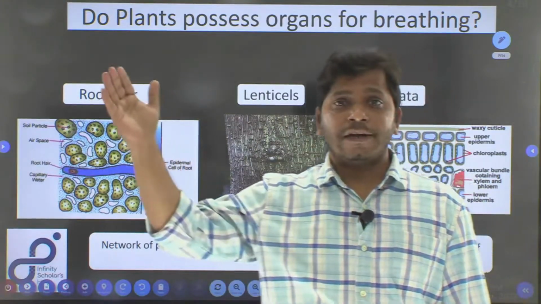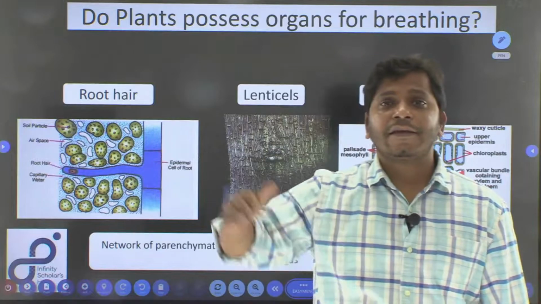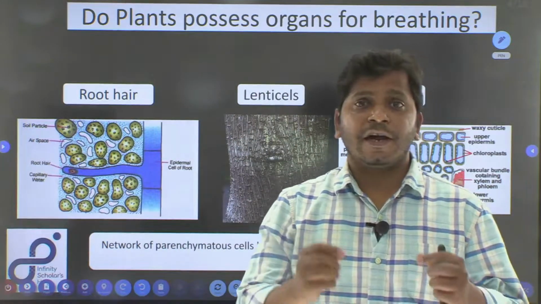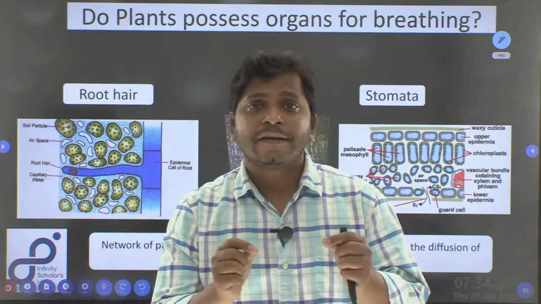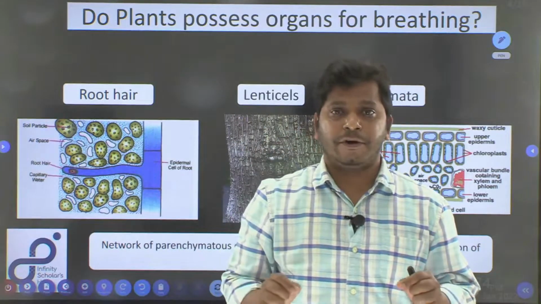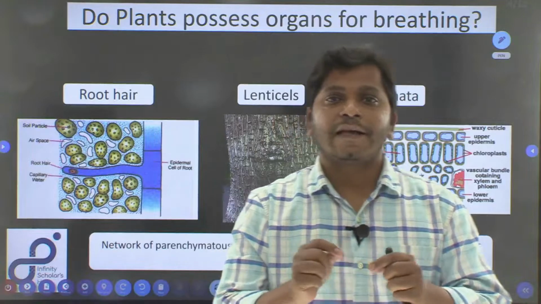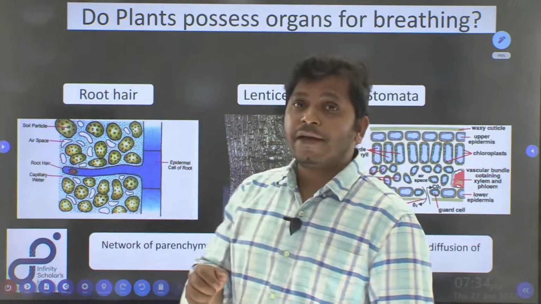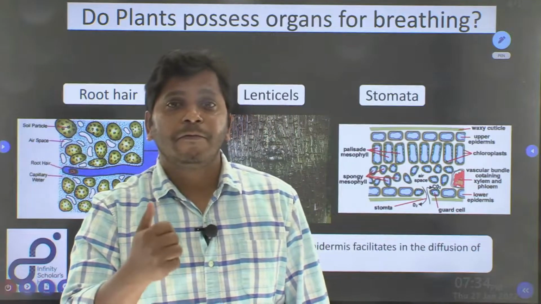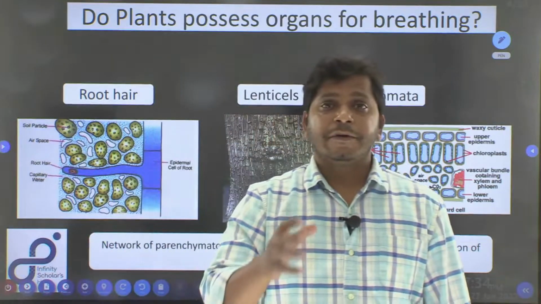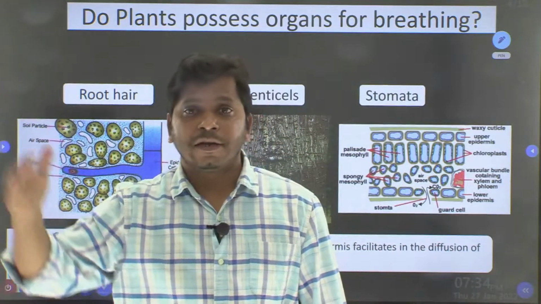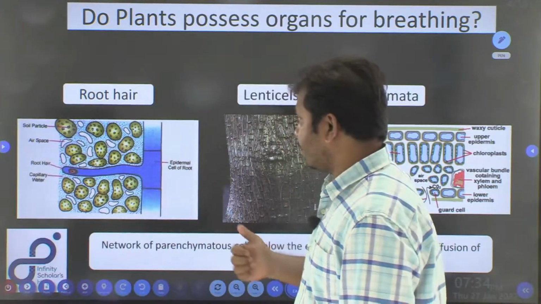They can get oxygen from outside, and they can release carbon dioxide to the outside environment. They have certain systems in place in each part of their body which can exchange gases with the outside environment. That is why they do not need a specific well-defined organ, because all their body parts are in constant touch with the external environment. So that is one reason.